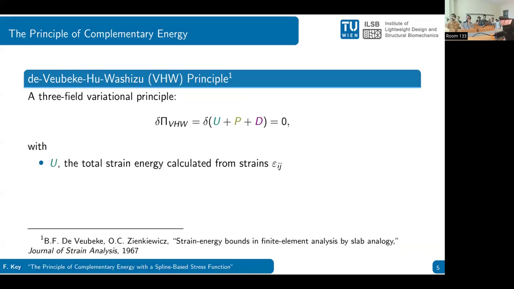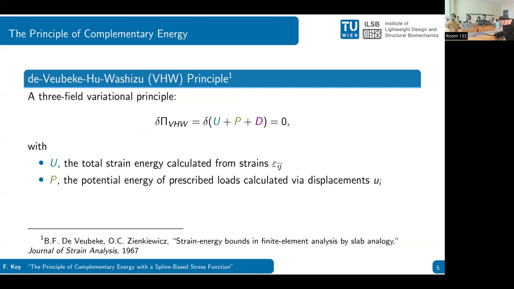So what are these different terms? The first one is the total strain energy, which can be calculated from the strain epsilon_ij. Then P is the potential energy of prescribed loads, calculated by the displacements of a body, u_i. And finally, the third term is V, the so-called complementary potential, which is represented by the stress sigma_ij.